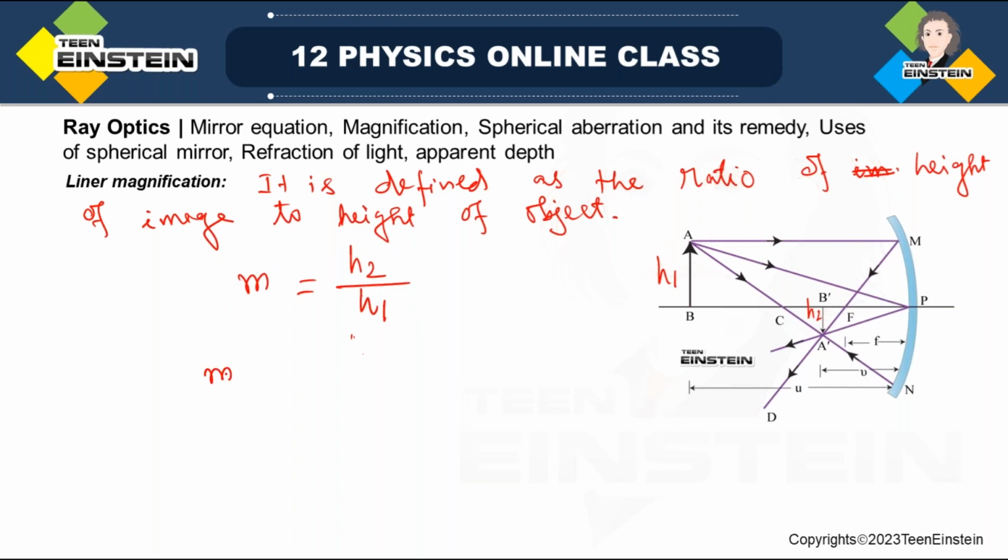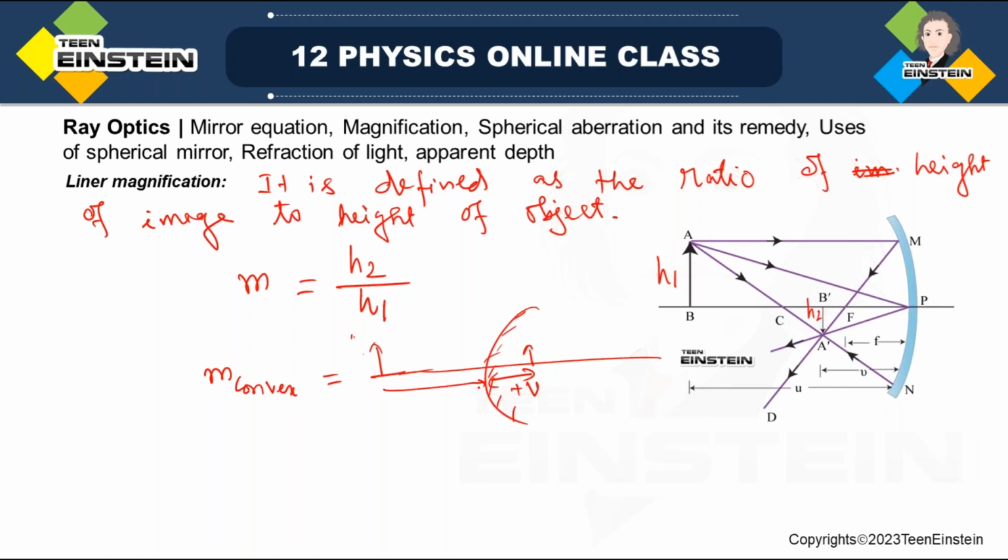In case of convex mirror, see, all the images will be virtual. Suppose the object is here somewhere. Okay, so image will be behind the mirror. Okay, this is the pole of the mirror. In case of convex, this will be a diminished image obviously, but that can increase also. So see, in this case, this is the image distance, this is plus v.